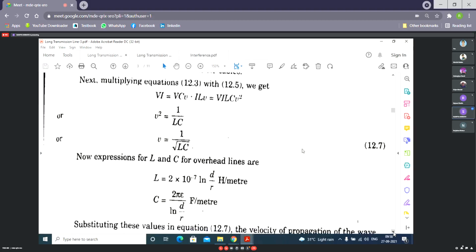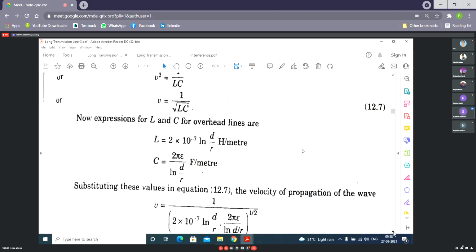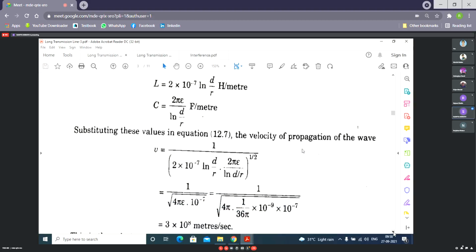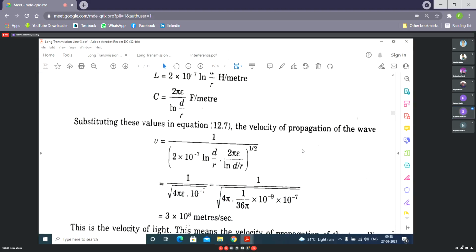The value for epsilon will be epsilon 0. So the derivation has been shown, and it has been found that it is exactly equal to the velocity of light. The derivation for the velocity of propagation of traveling waves has been shown.